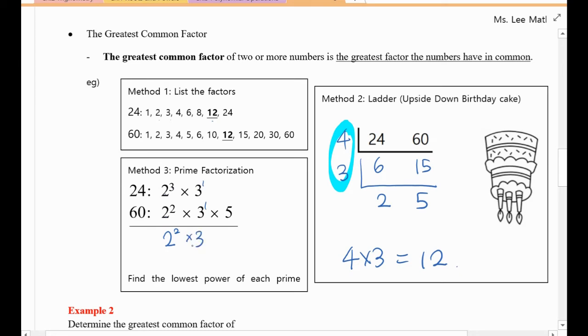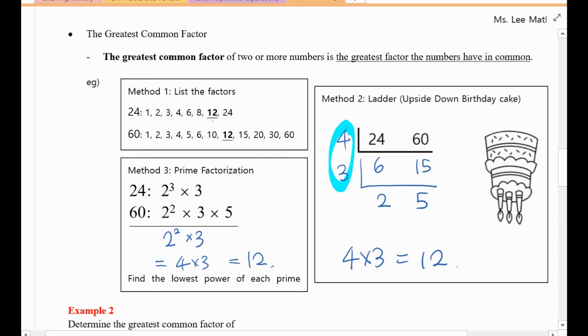They're the same, so we write 3 to the power of 1. And what about nothing and 5? Nothing has a lower power because nothing means 1, it's the same as 5 to the power of 0, right? So we don't take this because nothing is the lower power. So 2 squared times 3. Calculate it: 4 times 3 becomes 12.